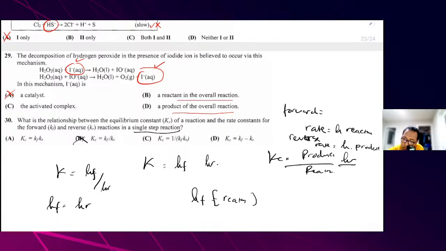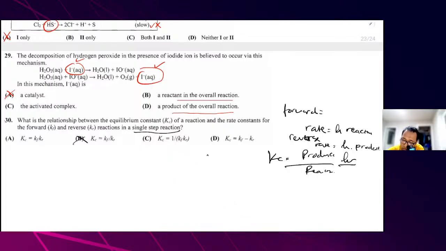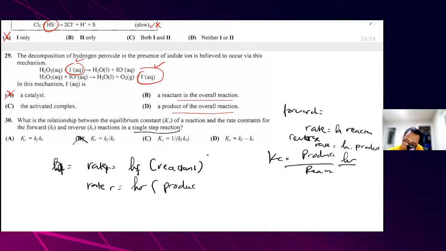Okay, quick clarification. The rate of forward is Kf of reactant, right? Yes, and this is Rf. For the rate of reverse, it will be Kr of product, right? Yes. So now Kc is product divided by reactant.